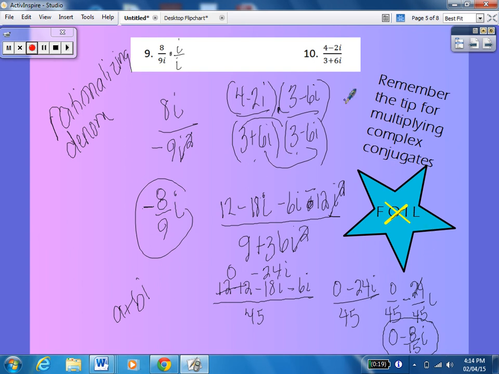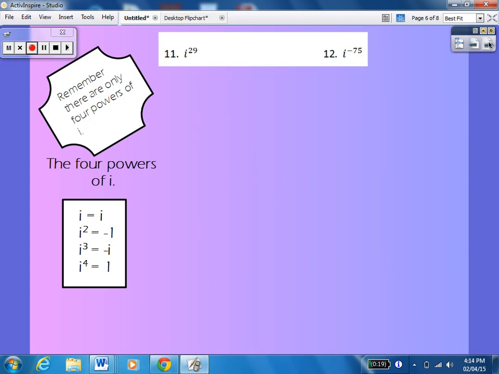Okay? Last page is the powers of i. Remember that there are only 4 powers of i. And once you get to i to the 5th, remember that it just starts over. i to the 5th is i, i to the 6th is negative 1, etc. So we divide by 4 to figure out where in the pattern the 29 is.